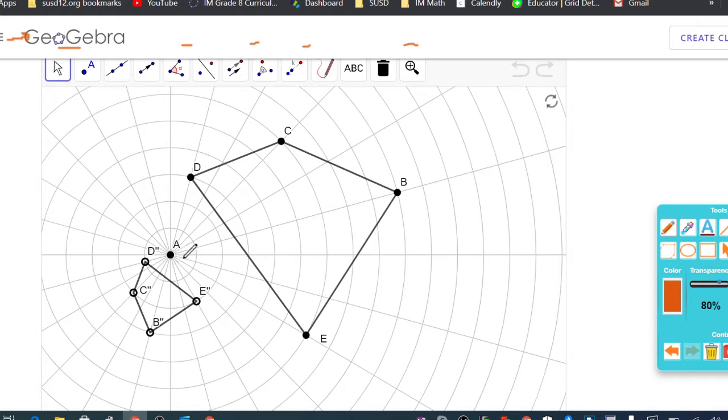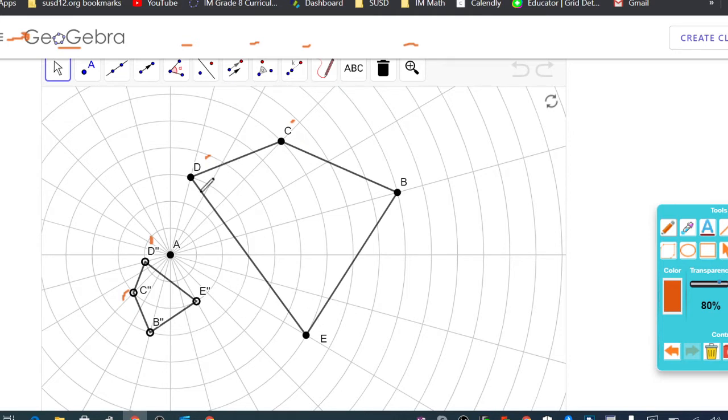Okay, we're using a circular grid. Take a look at this. I'm going to just look at some corresponding points. Looks like D and D prime are corresponding points, as well as C, C prime, B and B prime, E and E prime.